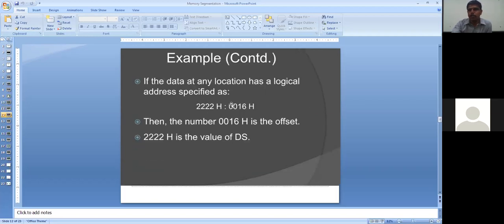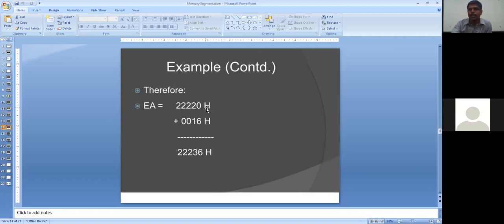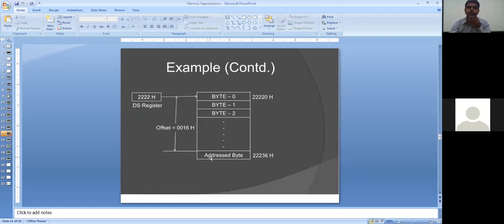In this example, 2222 is appended by 0 and then you add the offset 0016, and now we get a 20-bit address. This is the actual address of the physical memory location.